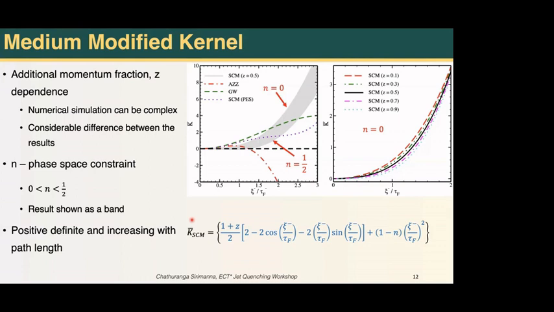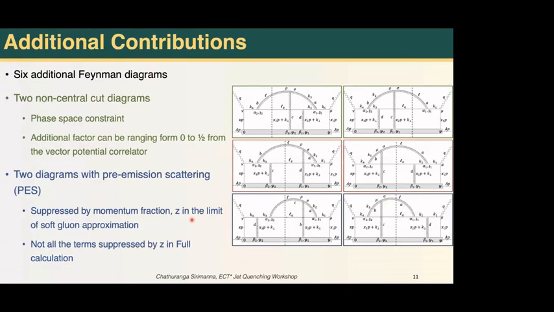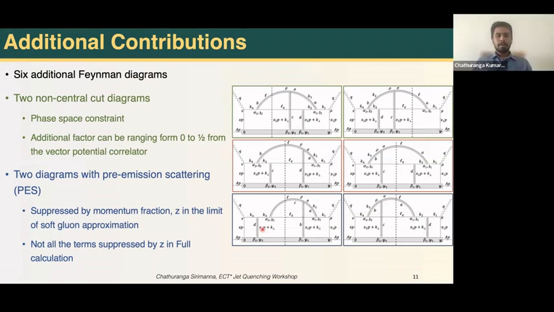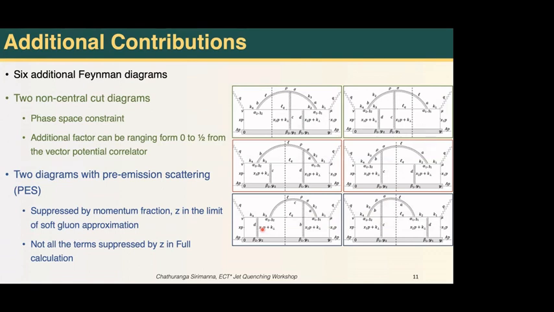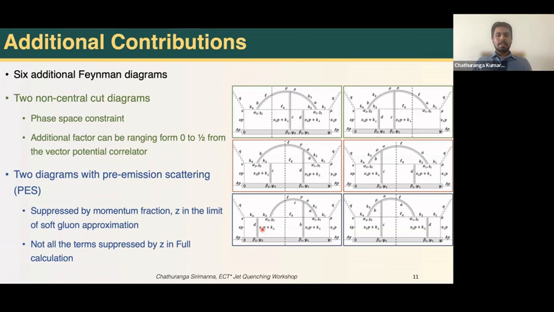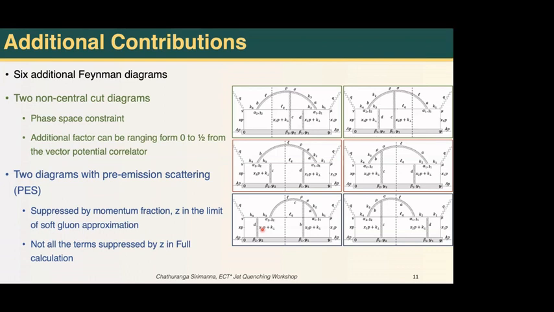You are not looking at extra diagrams with full gluon exchange with the target. We are only looking at the diagrams that were originally there in our original calculation. It's just they don't contribute at the leading twist.